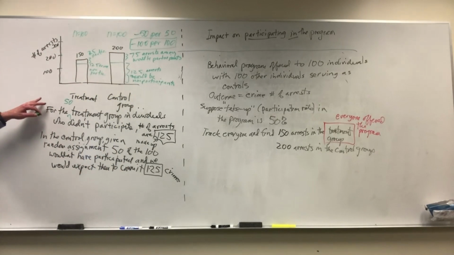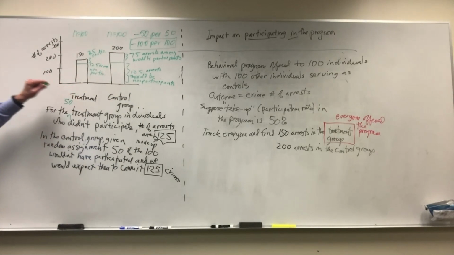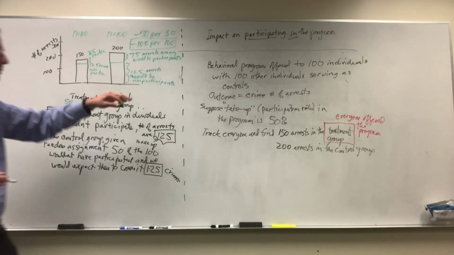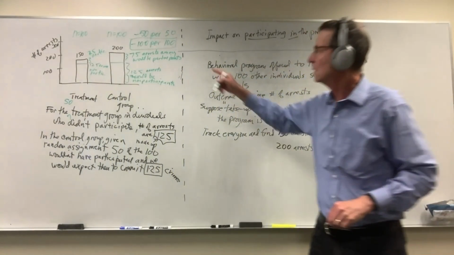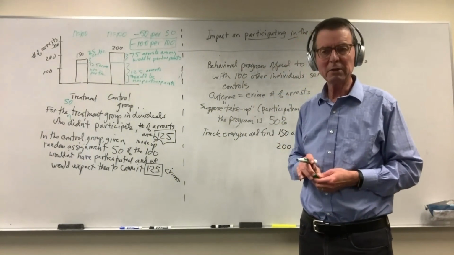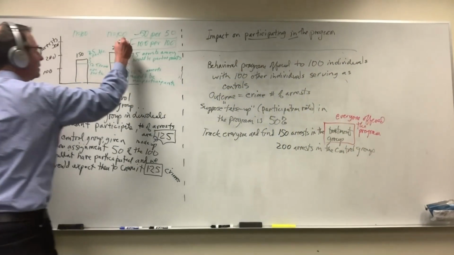So the intent to treat was minus 50, right? We talked about that about 10 minutes ago. If you take minus 50 and divide by the participation rate, which is 1/2, you get minus 100 per 100. You want to have a per 100 in both cases.